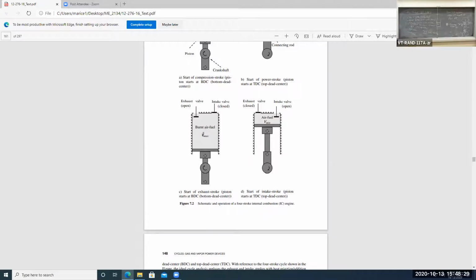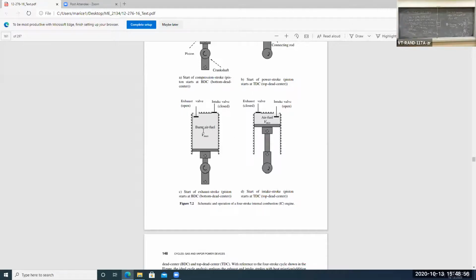So when we get down to the bottom of the stroke, a little valve called the exhaust valve opens up, and the hot, burnt air-fuel mixture, the products of combustion, starts to rush out the exhaust port through the exhaust system out of the tailpipe. Now the piston moves upward to top dead center one more time, pushing out all the burnt air-fuel mixture.